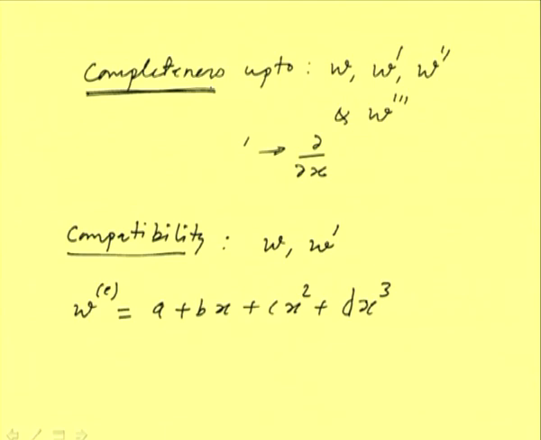Now, these a, b, c, d are the constants that need to be obtained, and they will be obtained through the boundary conditions of the element.